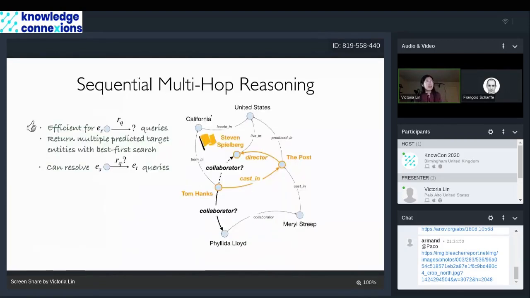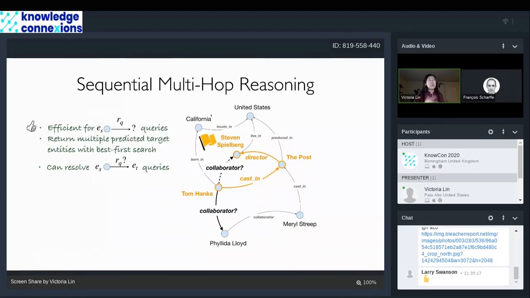Cool. So in summary, this type of sequential multi-hop reasoning algorithm with reinforcement learning is effective to answer the type of query where your source entity and target relation are known, and you want to know all the possible other entities in the knowledge graph that demonstrate such a relation with respect to the topic entity.